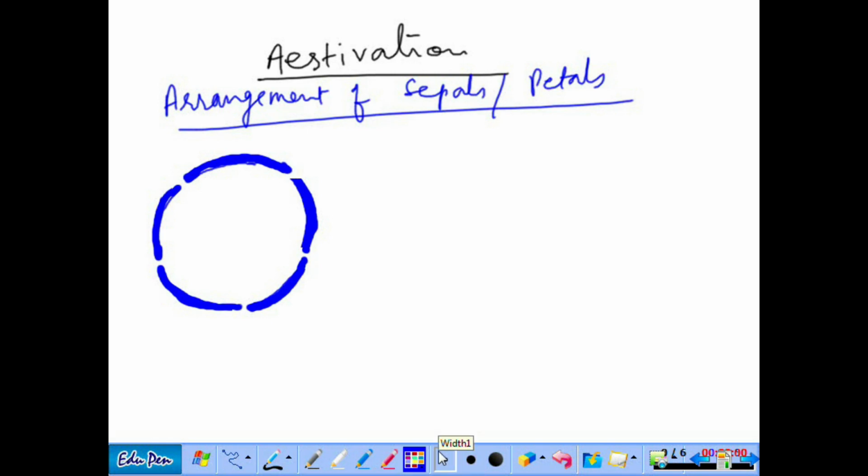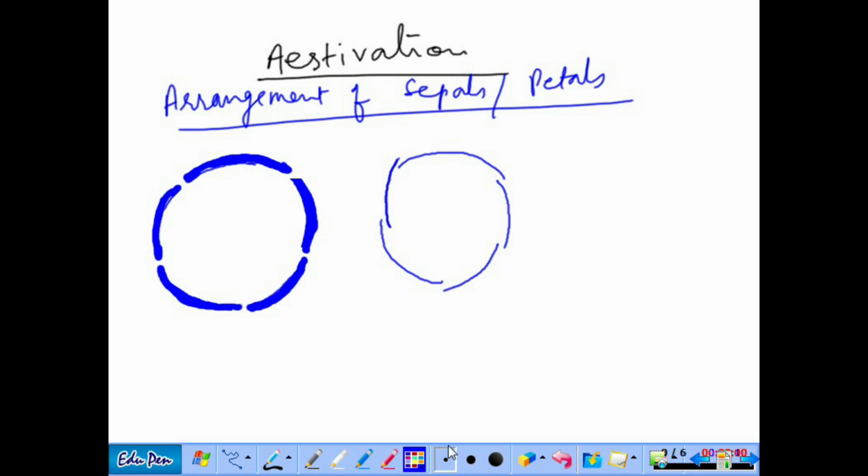One is this type of arrangement. Another is this arrangement.